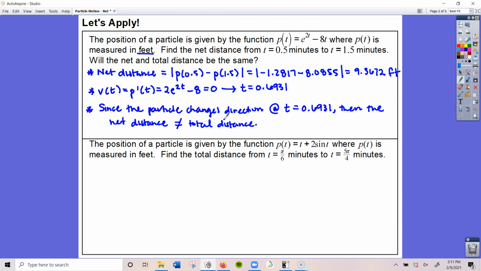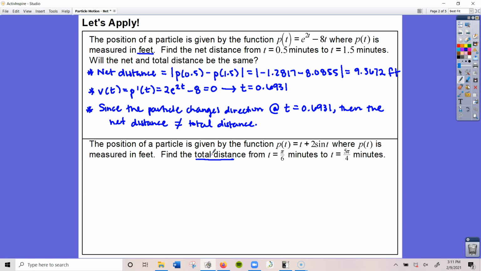Let's look at this second question here. The position of a particle is given by the function p of t is equal to t plus 2 sine t, where p of t is measured in feet. Find the total distance from t is equal to pi over 6 minutes to t is equal to 5 pi over 4 minutes. So we want just the total distance.